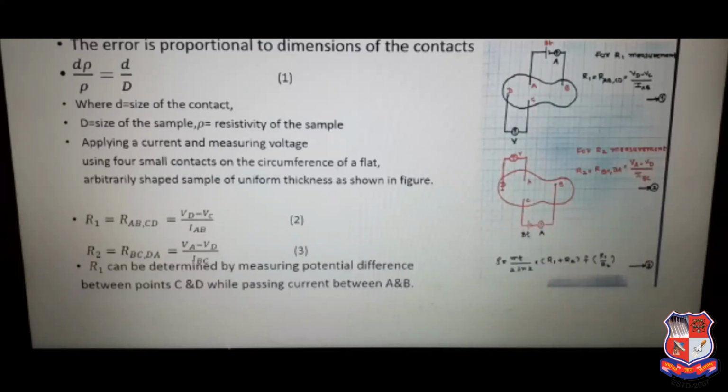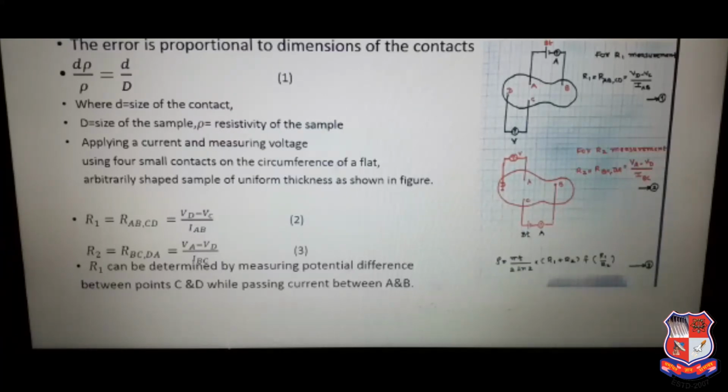It's very simple. We are just changing the form because there are 4 contacts. If there are only 2 contacts, you will say R is equal to V by I. Now there are 4 contacts, so we have to say that R1 is equal to VD minus VC upon I_AB. Current is passing through contacts A and B, and because of this current, potential is dropped across points C and D. So the equation becomes R1 is equal to VD minus VC upon I_AB.